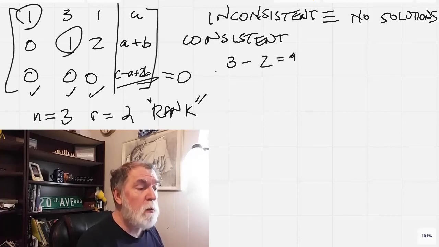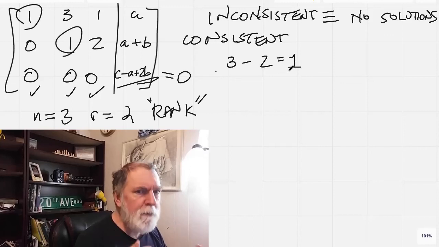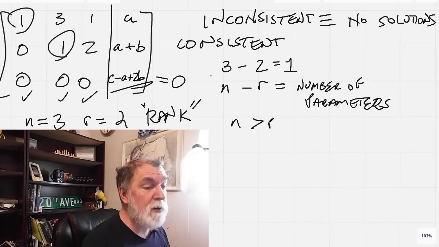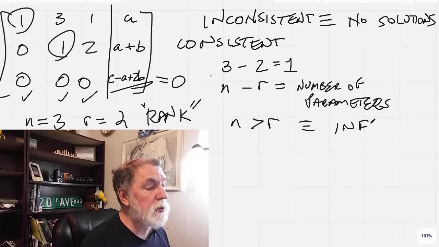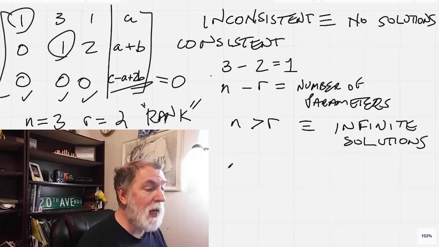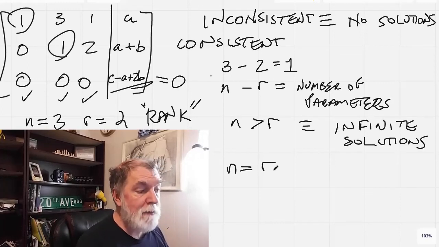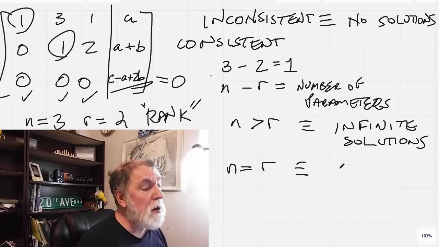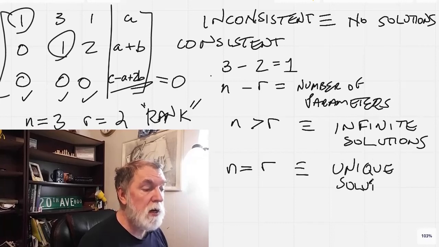So that means we're going to have 1 free variable. We need 1 parameter. So the number of parameters is going to be n minus r. So when n is greater than r, that corresponds to infinite solutions. Finally, when we have as many variables as we have leading ones, so leading variables, then that corresponds to a single unique solution. Bob is your uncle.